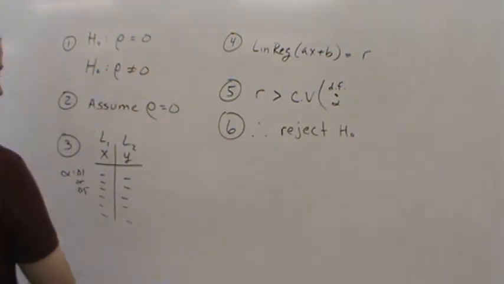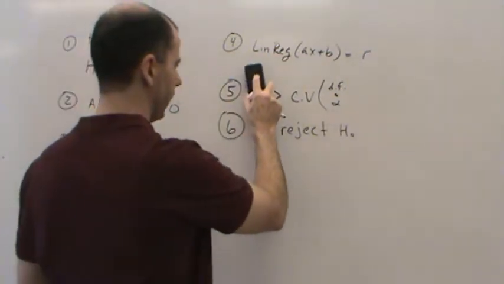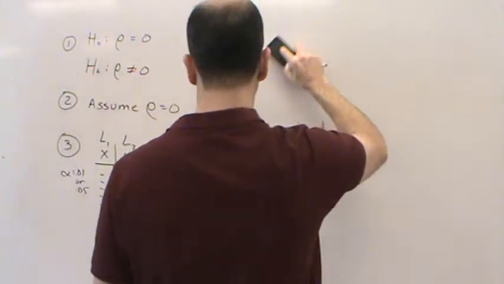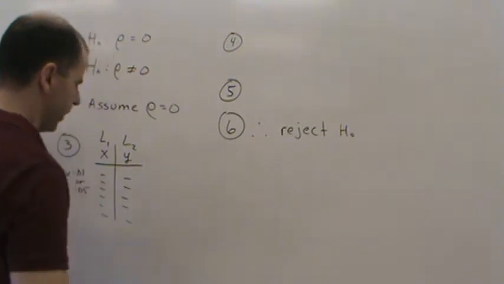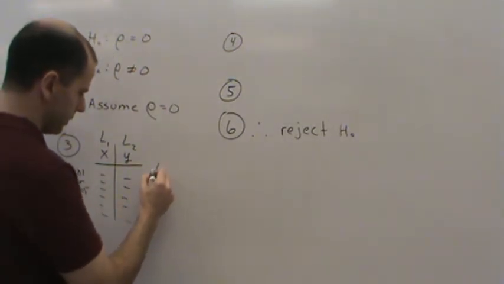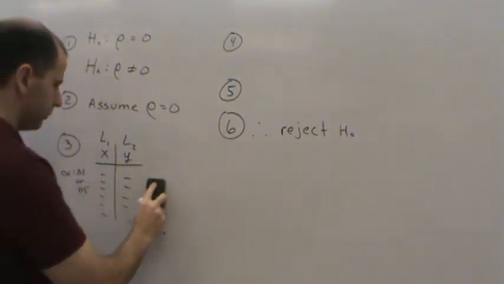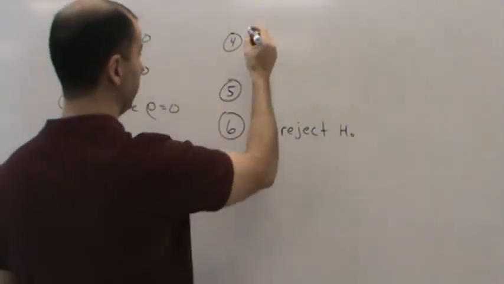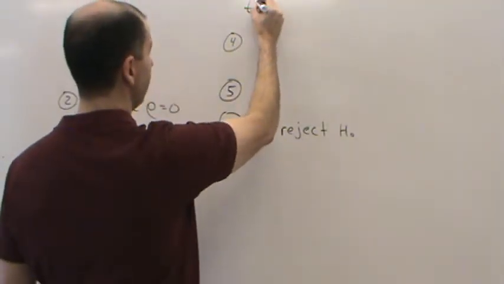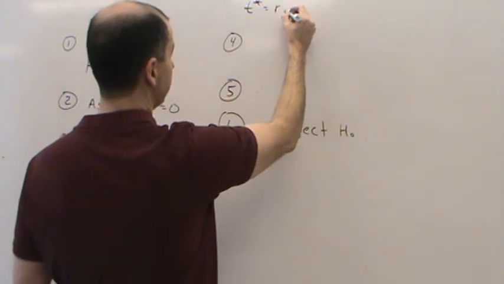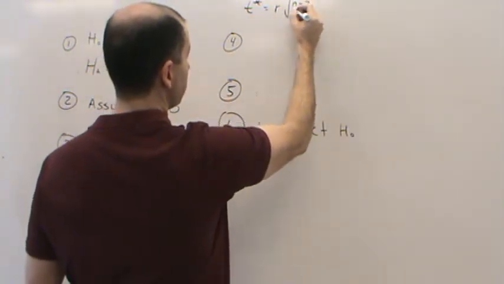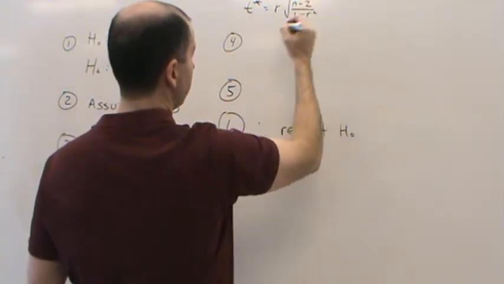The other way is to use the calculator and to use the t statistic. So again, let's go back to this t statistic here. But we're going to use the calculator. So I'm going to write it up here. t star is equal to r times the square root of n minus 2 over the square root of 1 minus r squared.